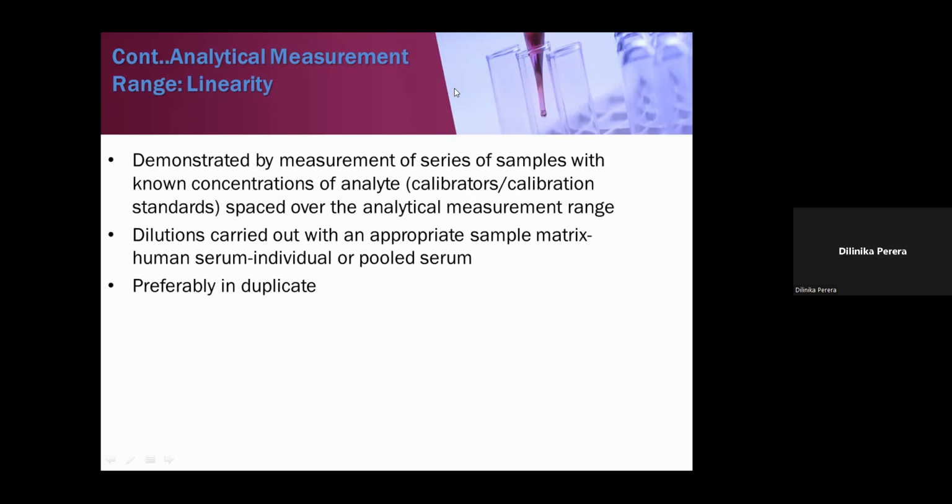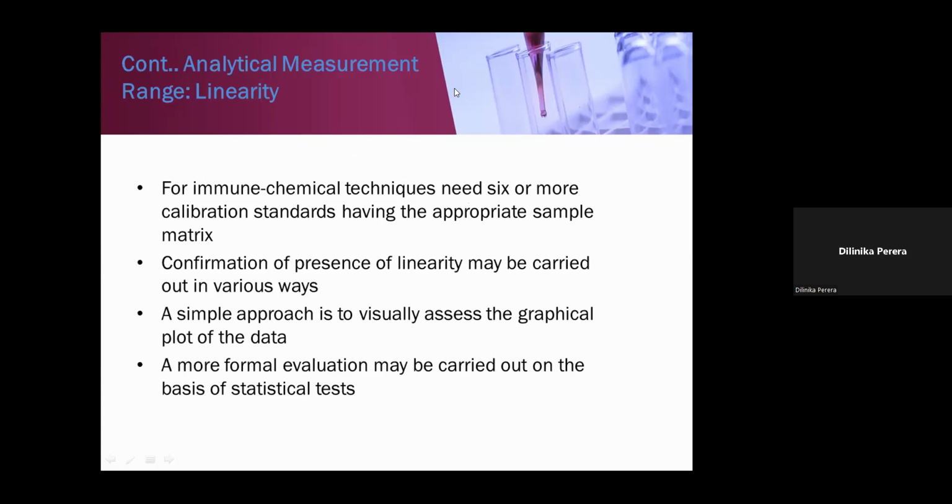It could be individual or pooled serum, and preferably in duplicate, so we can plot the best fitted curve on a graph. For immunochemical techniques, we need six or more calibrated standards with an appropriate sample matrix.